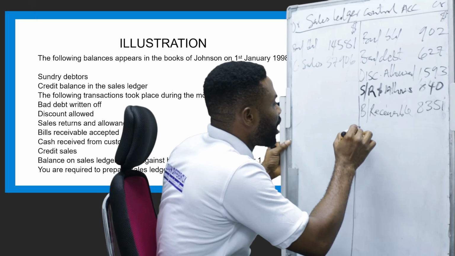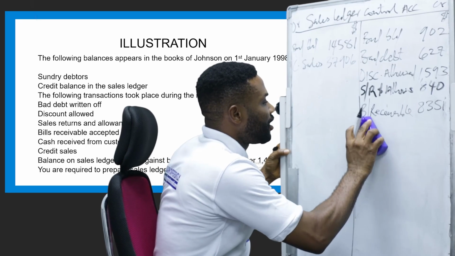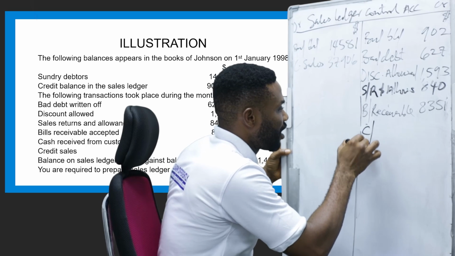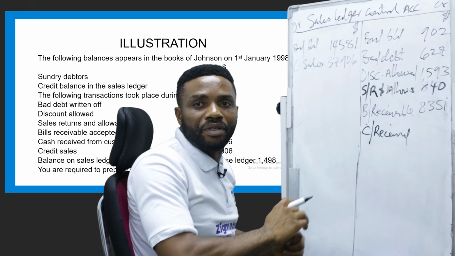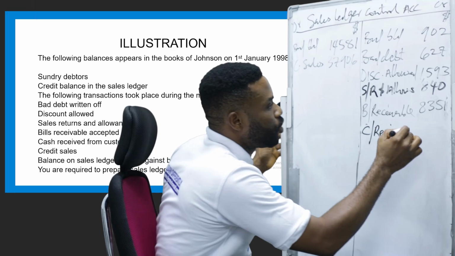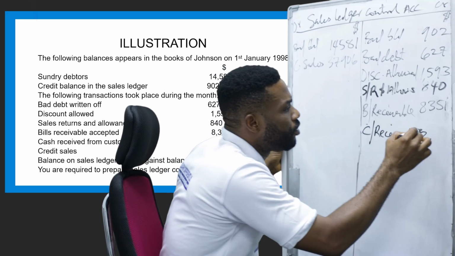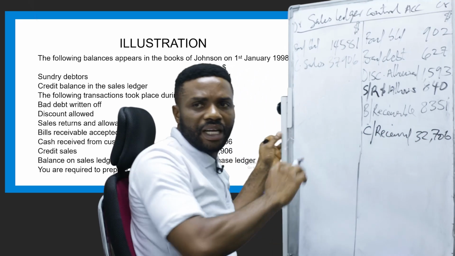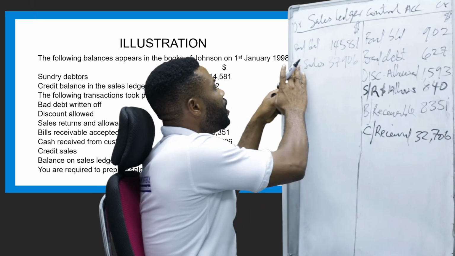So let's quickly put down our cash received. We're going to write cash received. Cash received from our customers is 32,706.